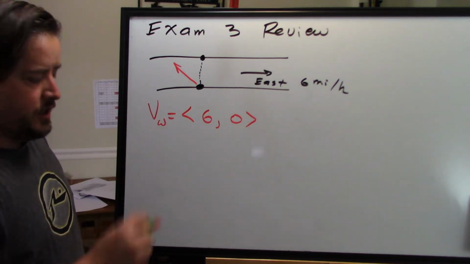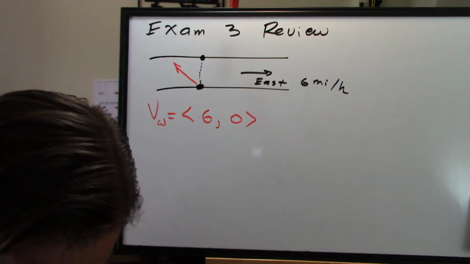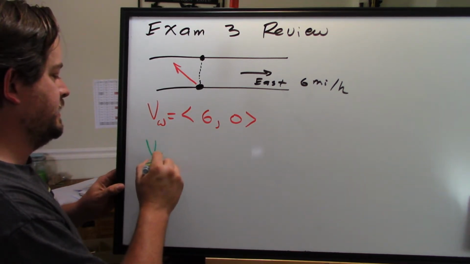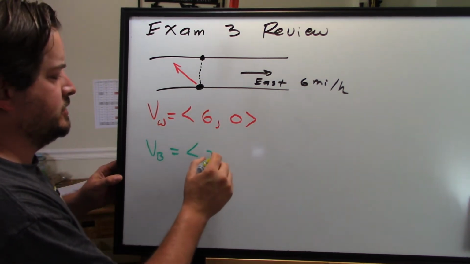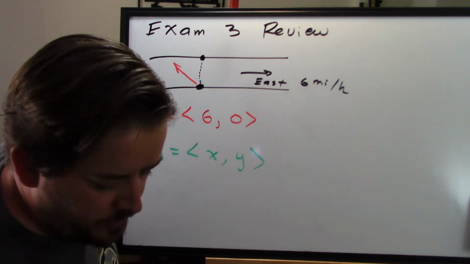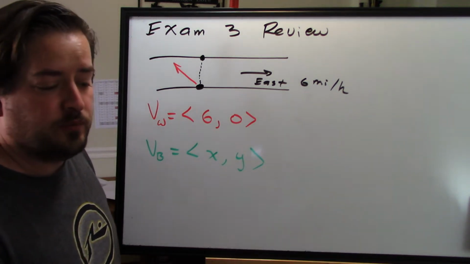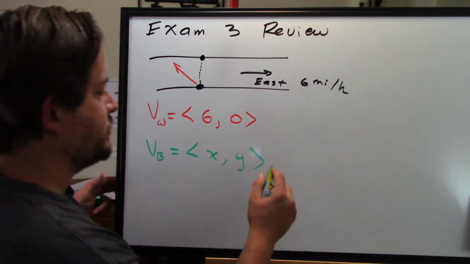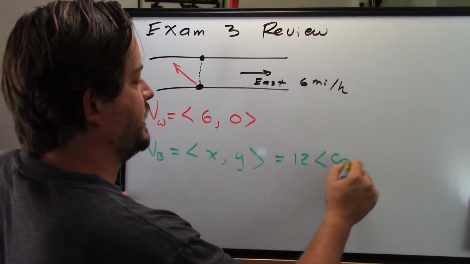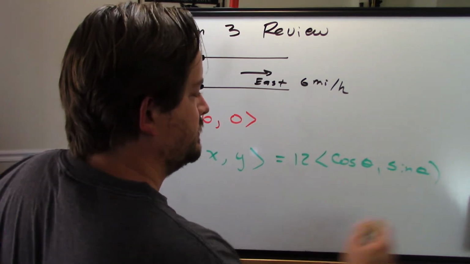So we've got the water's velocity, and then I've got the velocity of the boat, which I don't particularly know right now, but its vector is going to be something. I'll just call it x, y to start. I don't know what it is, but I do know in the problem, if I keep reading, the speed of the boat relative to the water is 12 miles per hour, right? So I do know that this is 12 multiplied by the cosine of that angle that I'm looking for, and 12 times the sine of the angle that I'm looking for, right?